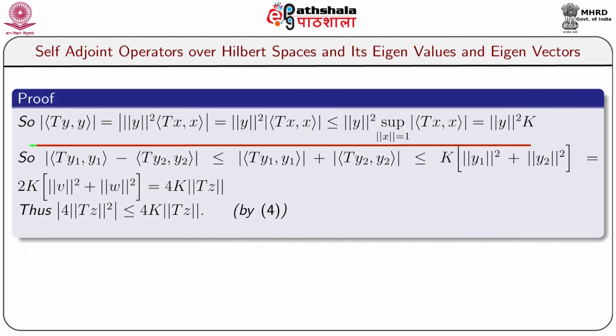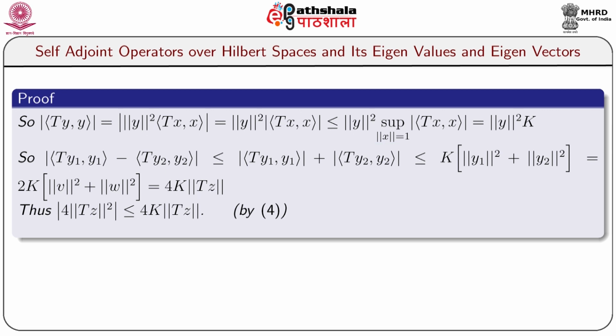So, the modulus of ⟨Ty, y⟩ is equal to norm y square times the modulus of ⟨Tx, x⟩, which is less than or equal to norm y square times the supremum of the modulus of ⟨Tx, x⟩, where the supremum is taken over all such elements x with norm x equal to 1, which is again equal to norm y square times K.